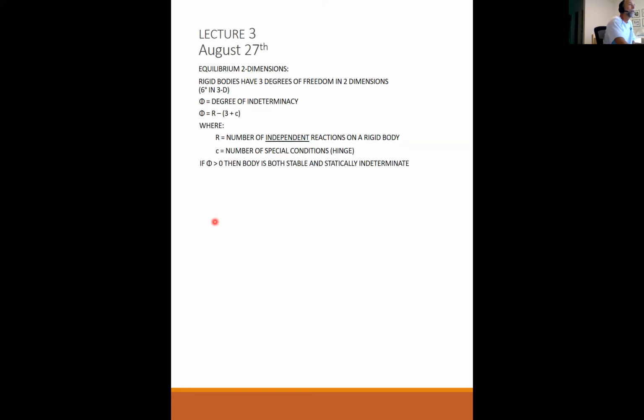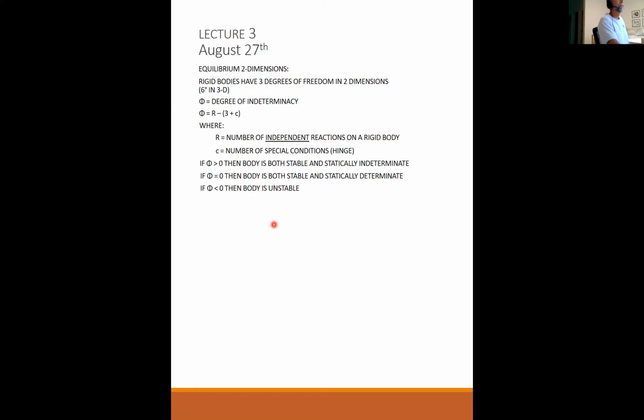Okay, so if your degree of indeterminacy is greater than 0, then that rigid body is both stable and statically indeterminate. If phi is equal to 0, then the body is both stable and statically determinate. And of course, if phi is less than 0, then the body is just flat out unstable.